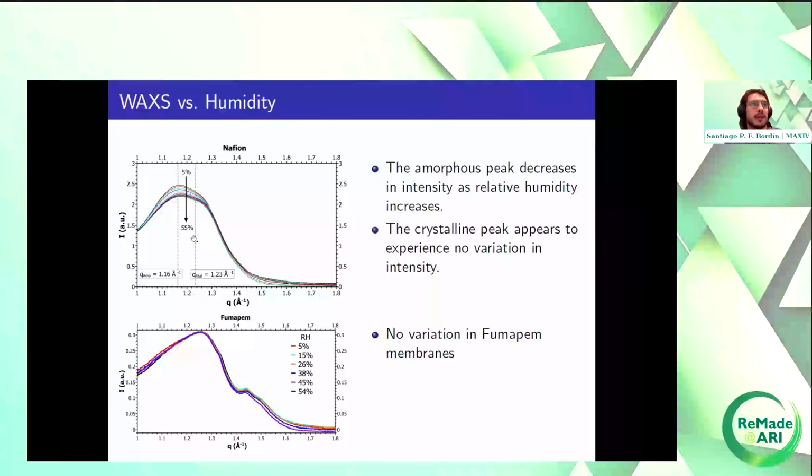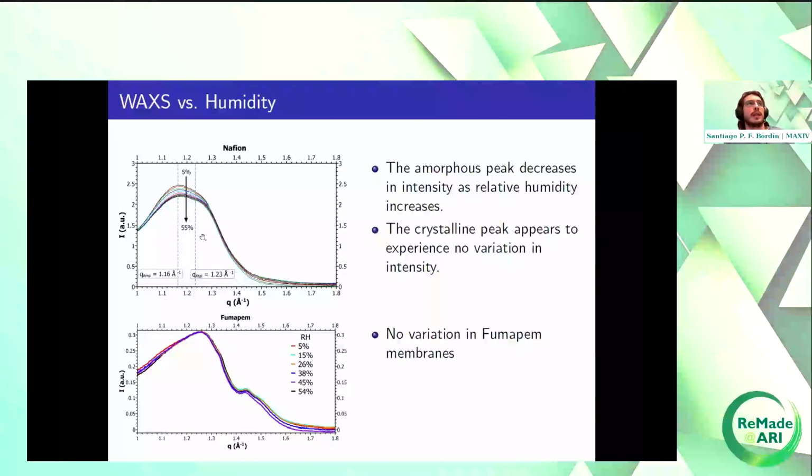These two positions we calculated in our previous work. I have not plotted them here. But we can see that the amorphous peak is decreasing with the humidity, but there is not too much difference in the crystal part.